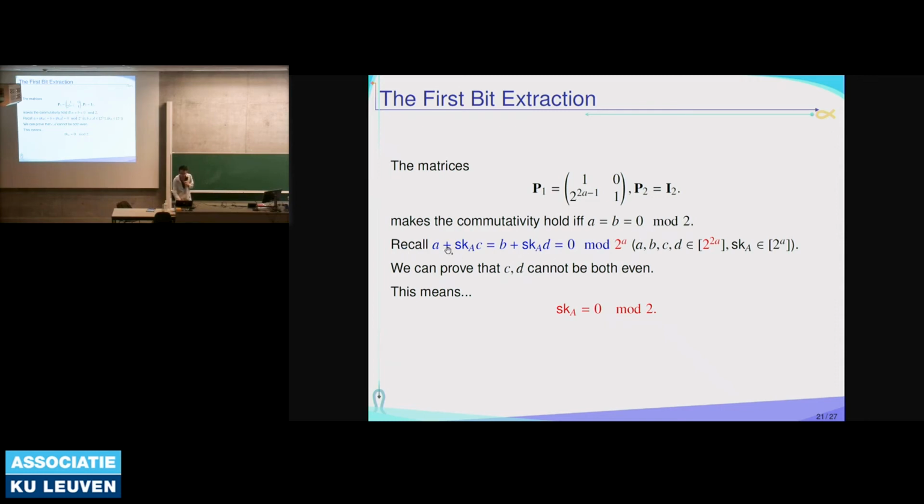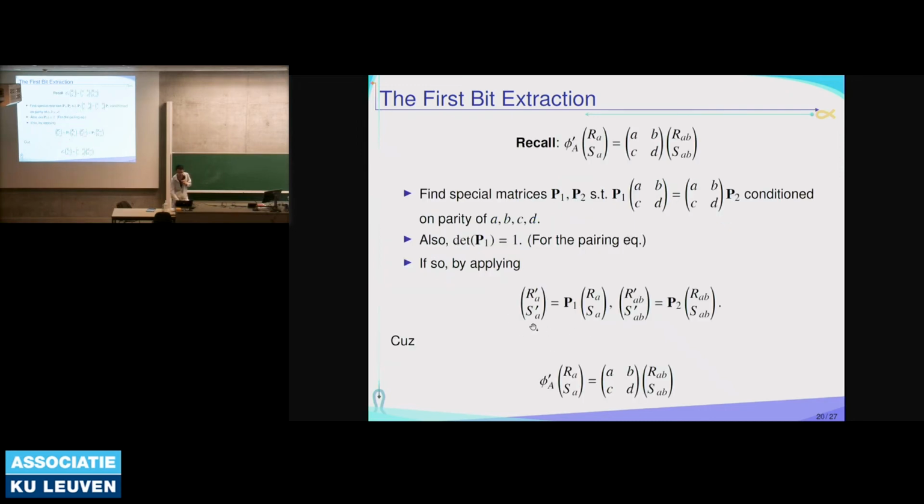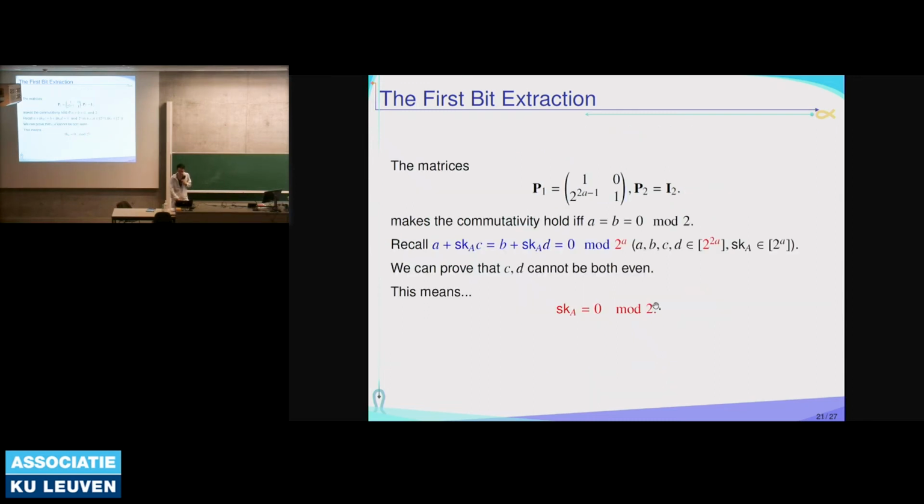And recall that we have these equations. And also we prove that C and D cannot both be even, which means that SK is even in this case. So if we apply this matrix and give this input to Alice, if Alice returns 1, it means the least significant bit of the secret key is 0.